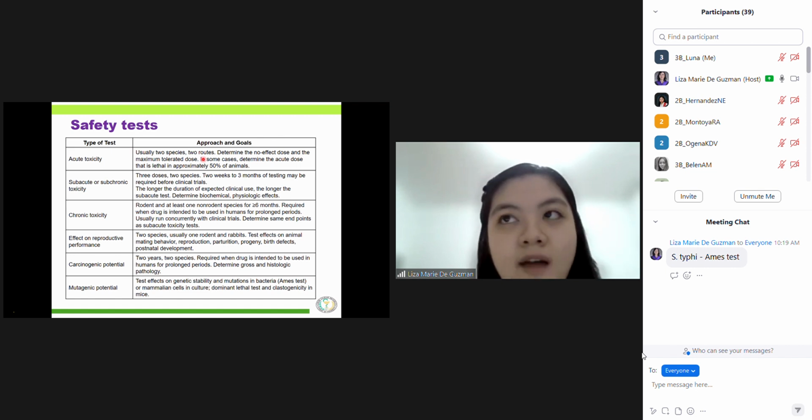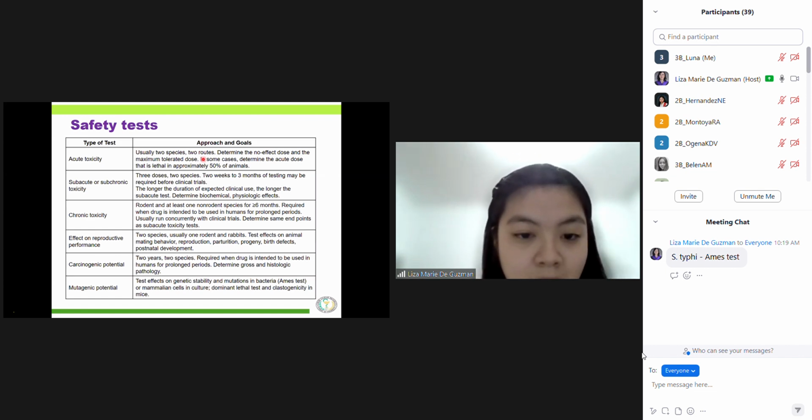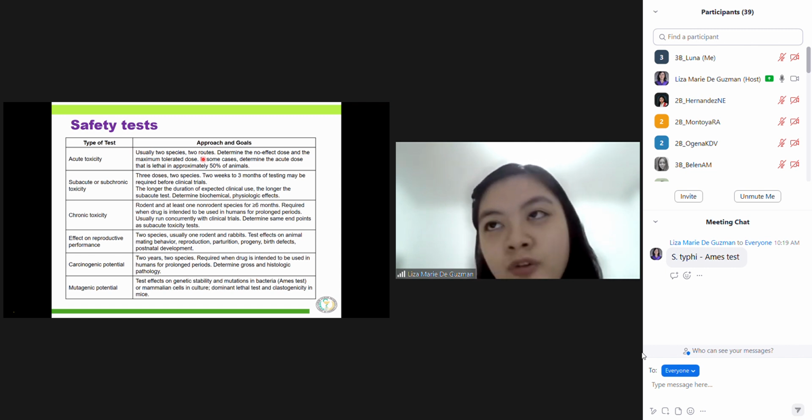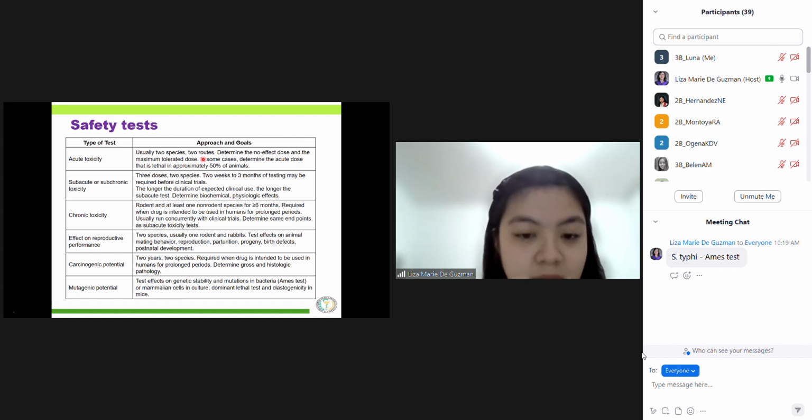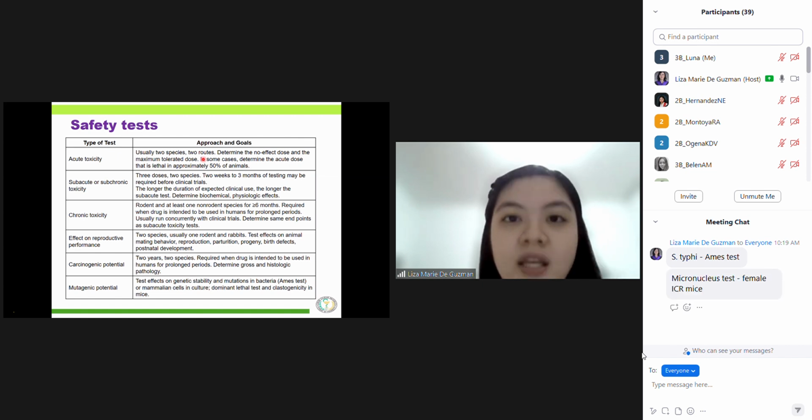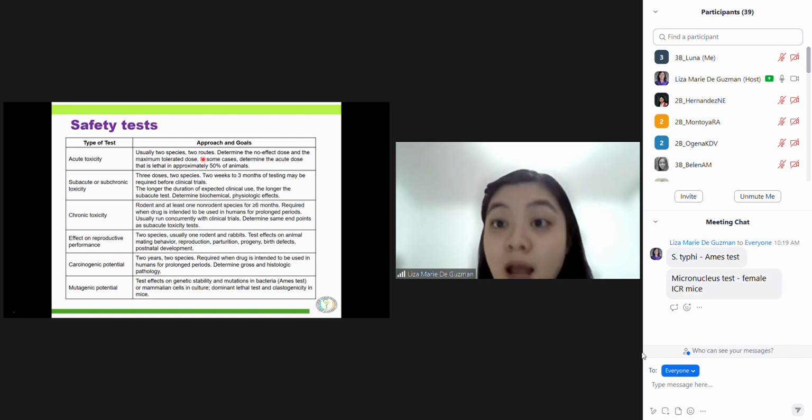Now, what we also performed during our undergraduate study was the micronucleus test. Micronucleus test for mutagenic potential or for anti-mutagenicity using female ICR mice. So what we did, class, we administered the drug, and of course, we have our positive and negative control.